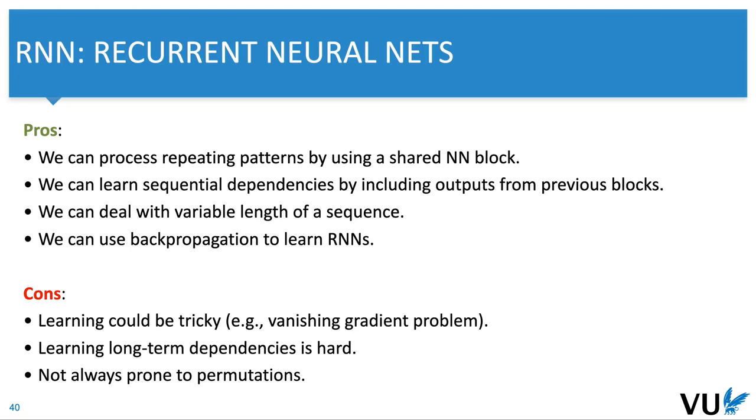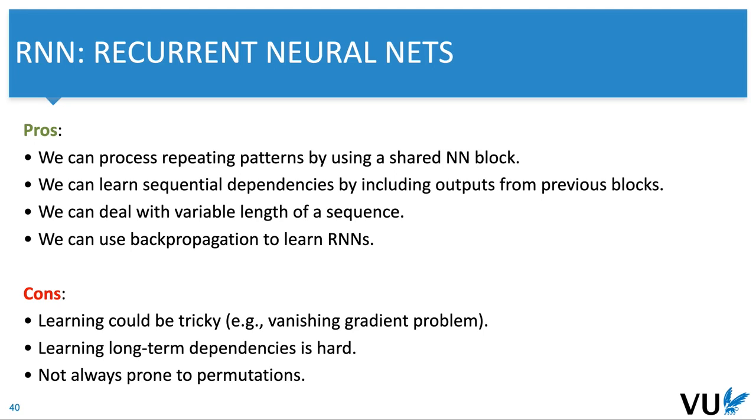So there is a vast number of papers on how to deal with sequential data. I would say that it's still not solved. Learning could be very tricky. There are some tricks, but this is one of the open problems in deep learning: how to learn sequential models.